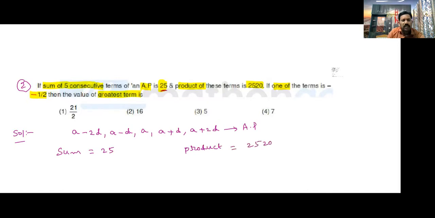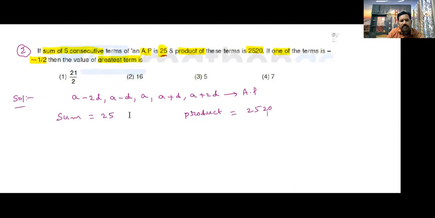If the sum of 5 terms, observe that minus 2d plus d, 2d minus d plus d will cancel. 5 times a should come, a plus a plus a, that is 5a equal to 25, then a value is 5.